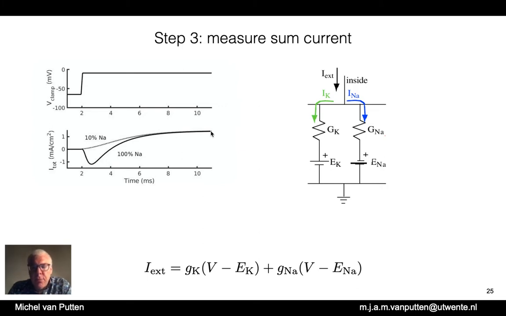And we wish to separate the two currents. Now, a very smart way to do that is to change, for instance, the extracellular sodium concentration to that value where the Nernst potential of sodium has the same value as the voltage clamp.